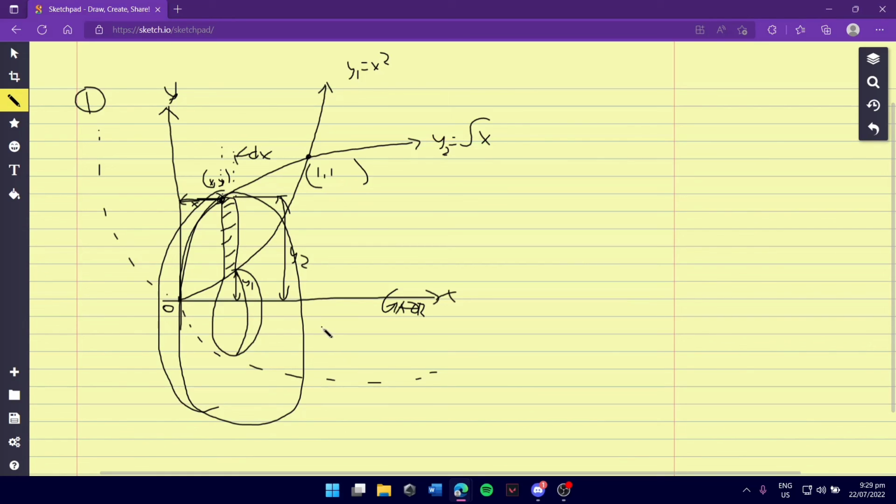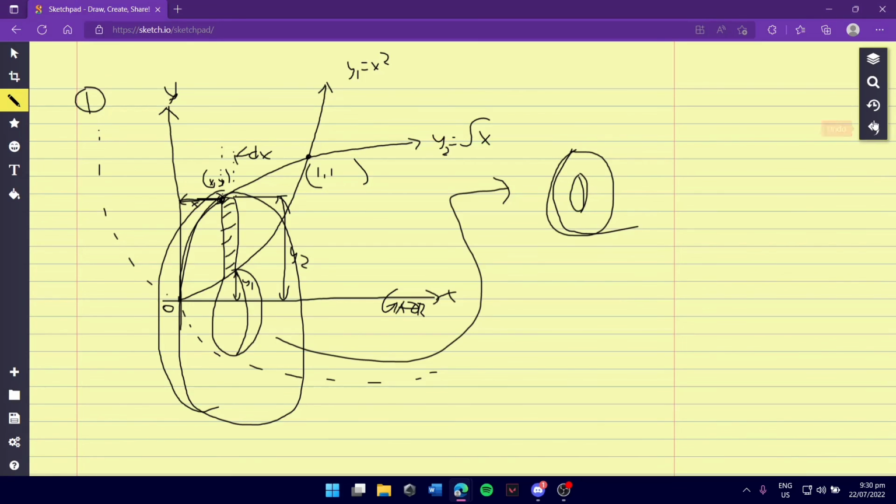We will move the disc and put it right here, around here. This is your disc, and this is your AOR. Okay, so we label it.